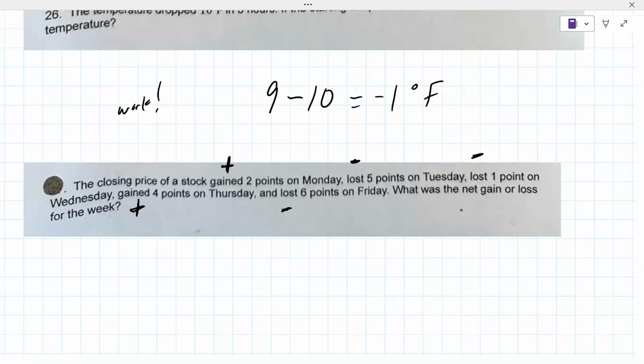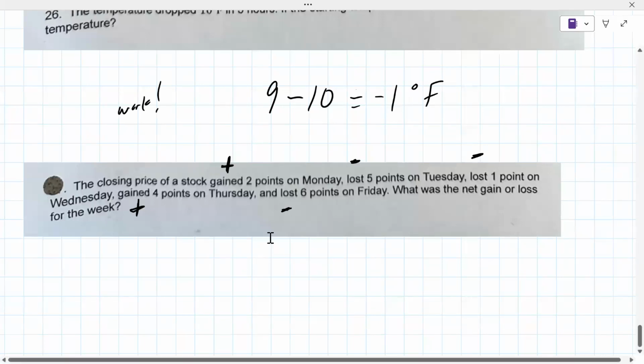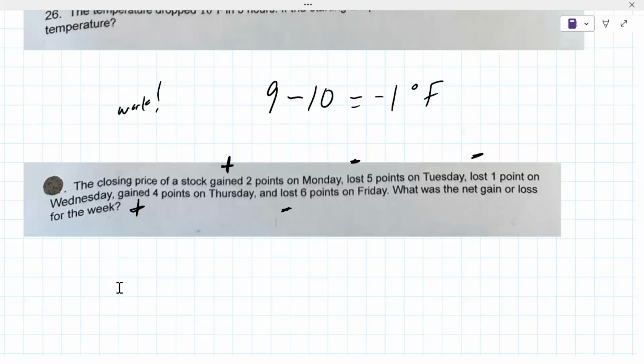So see if you can show your work for what has happened. So it's +2 -5 -1 +4 -6. Right now it's +2. And -5 is -3. And -1 is -4.